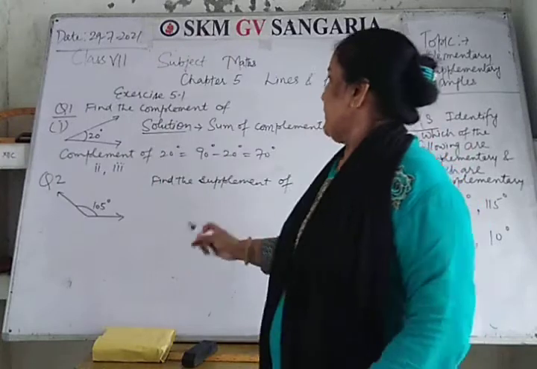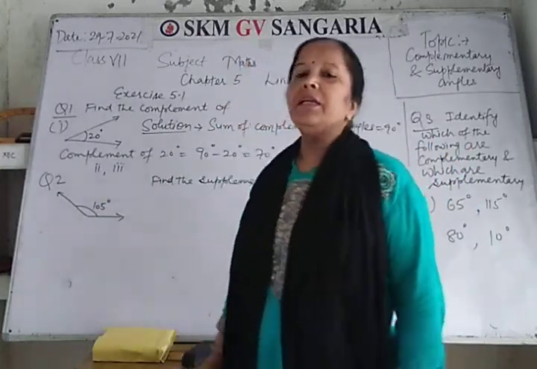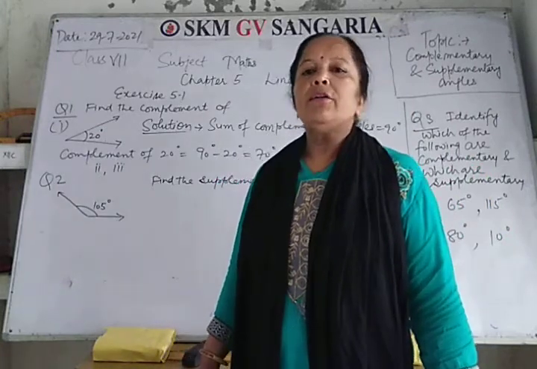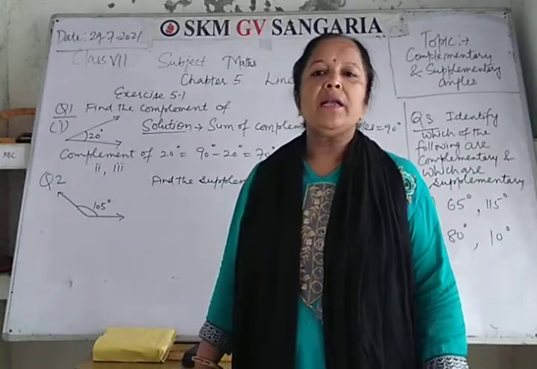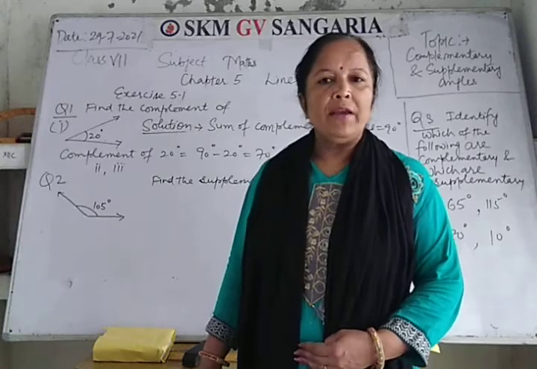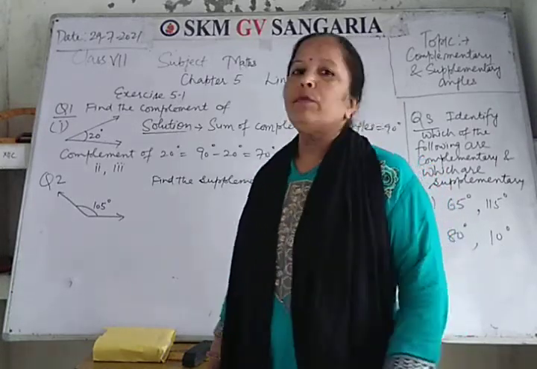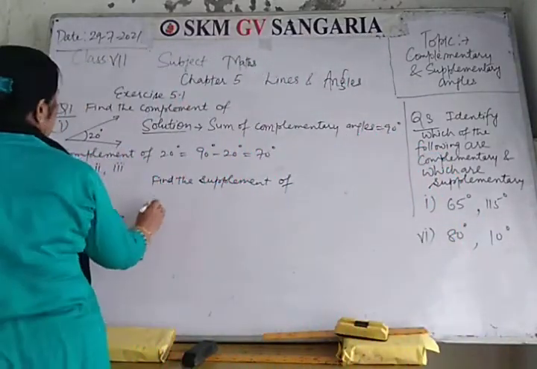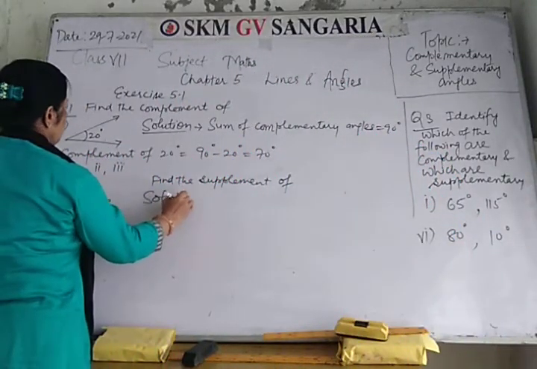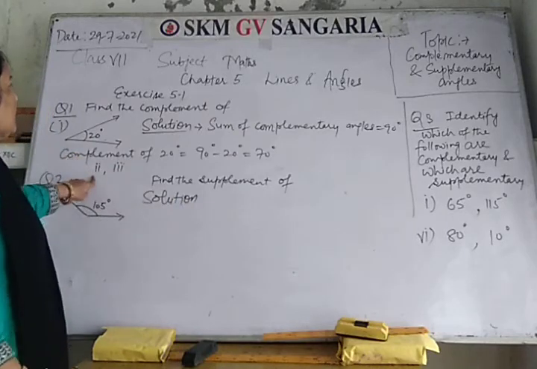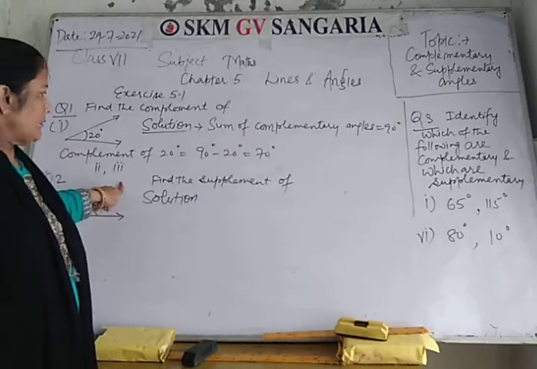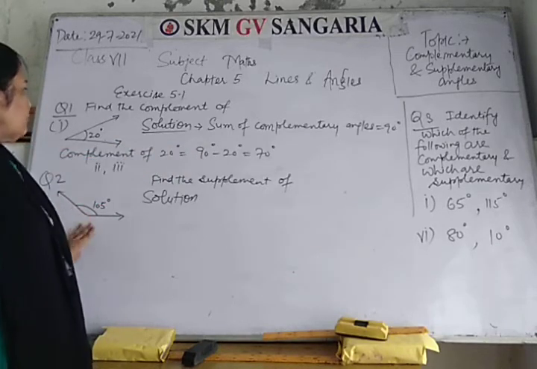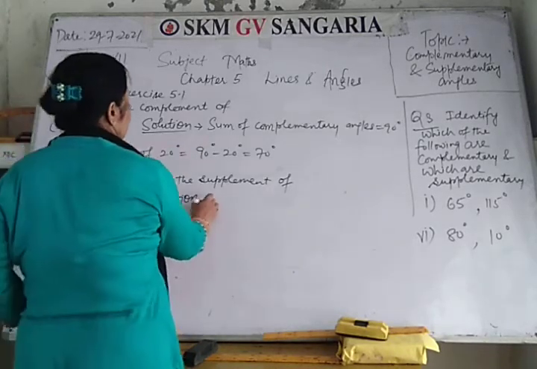Here the supplement of 105 degree will be equal to 180 degree minus 105 degree, and when you subtract, you will get 75 degree. So here is the solution of this second question. The first question, second and third parts you will do yourself, and see how the first part is done. For the second question, the solution is here.